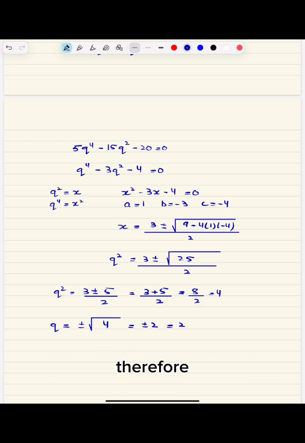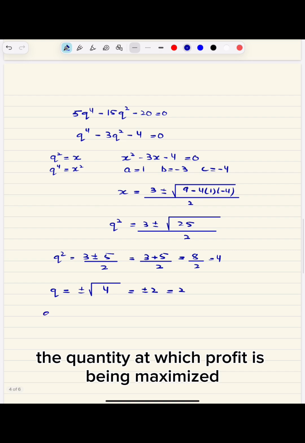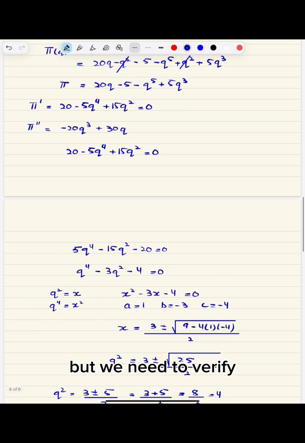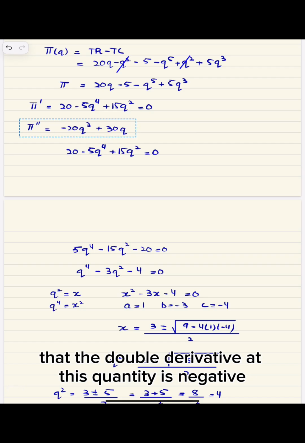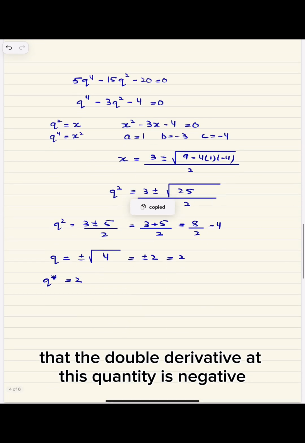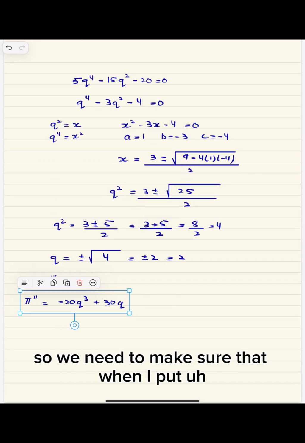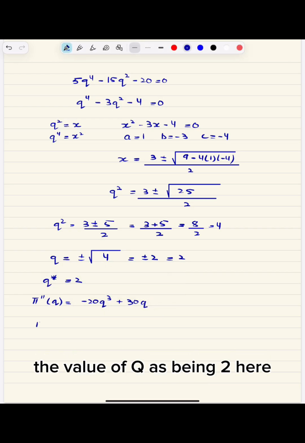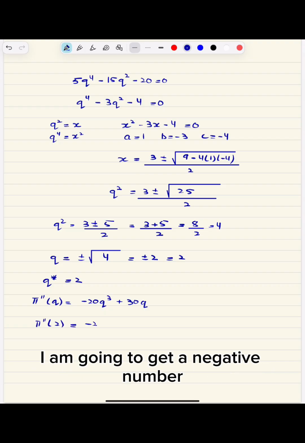So therefore the quantity at which profit is being maximized is going to be 2, but we need to verify that the double derivative at this quantity is negative. So we need to make sure that when I put the value of q as being 2 here, I am going to get a negative number.